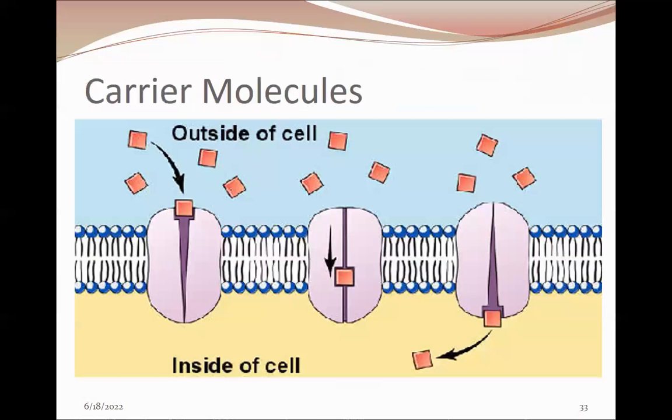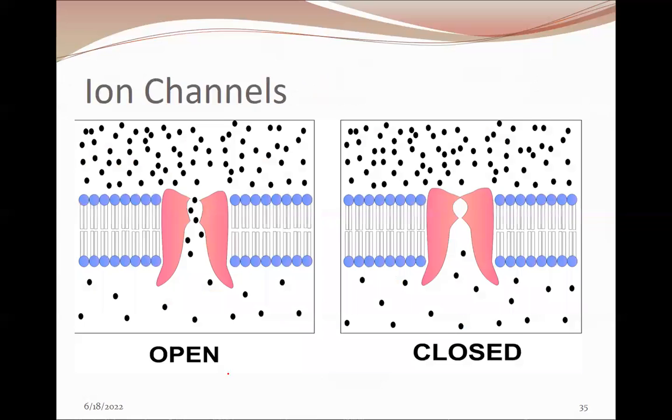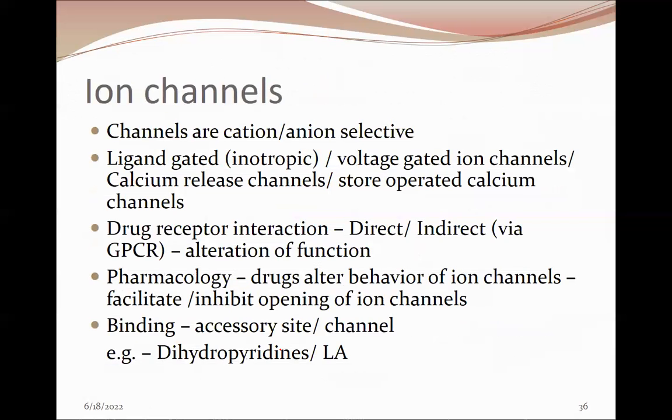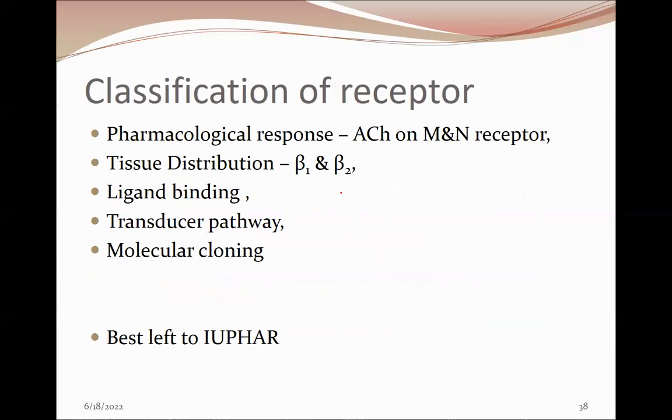And then we further talked about the carrier molecules, where a molecule is transported inside, talking about transport of glucose, amino acids, sodium potassium chloride transporter, sodium chloride transporter, and proton pump. We even talked about the ion channels, which could be either ligand gated, voltage gated, calcium release, or stores operated calcium channels.